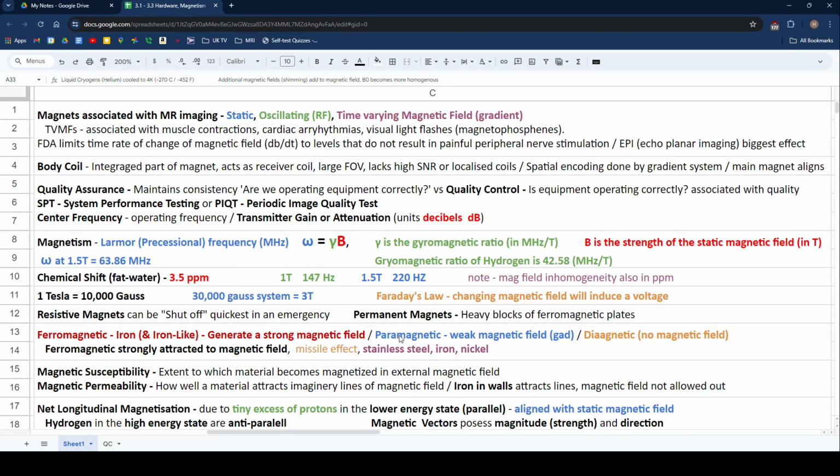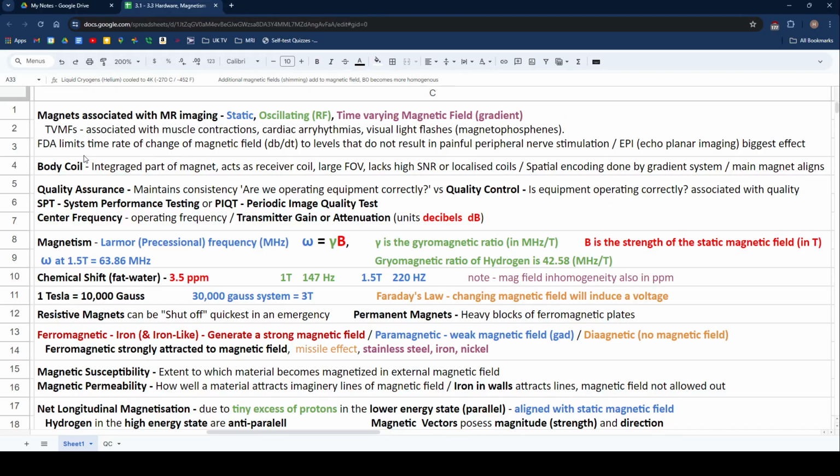The magnetic fields associated with imaging are the static, the oscillating RF, and the time varying magnetic field, which is the gradient. The TVMFs are associated with muscle contractions, cardiac arrhythmias, and visual light flashes known as magnetophosphenes.